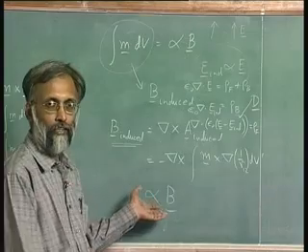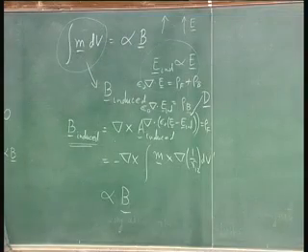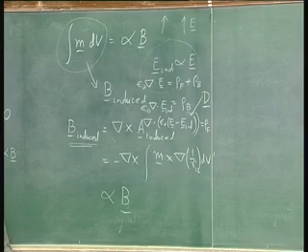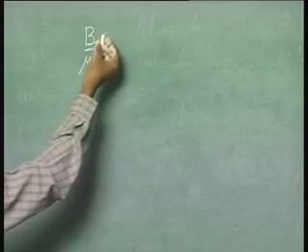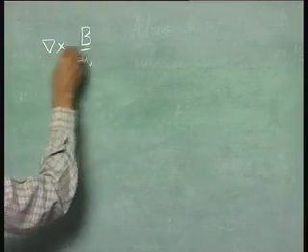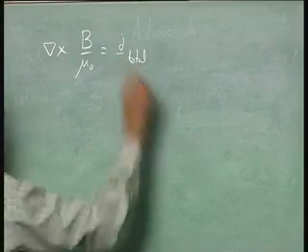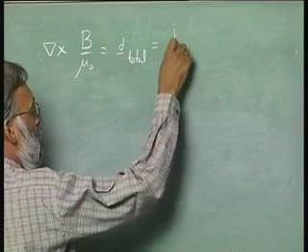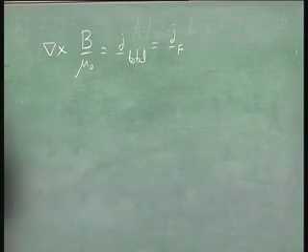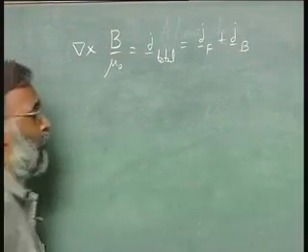Now we are going to do the same thing here. I already have that curl of B over mu naught is equal to J total. This J total is a combination of my known currents and my induced currents, what I call bound currents.